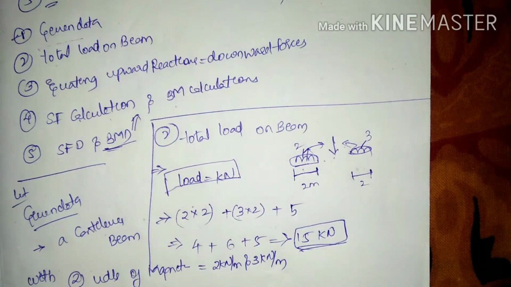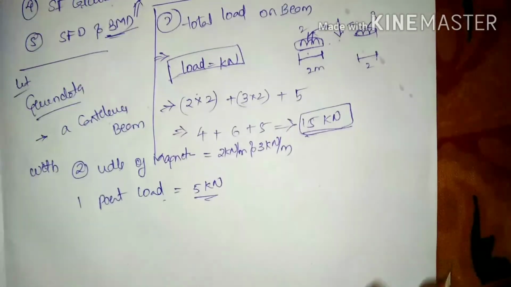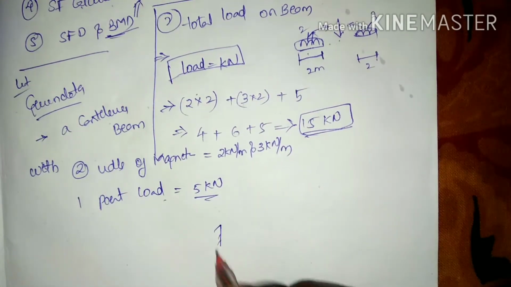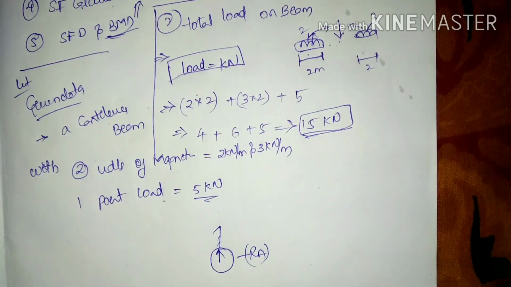Then step number 3, equating upward reactions to downward forces. For the cantilever at the fixed end, we have only one reaction. Let us represent it as RA.